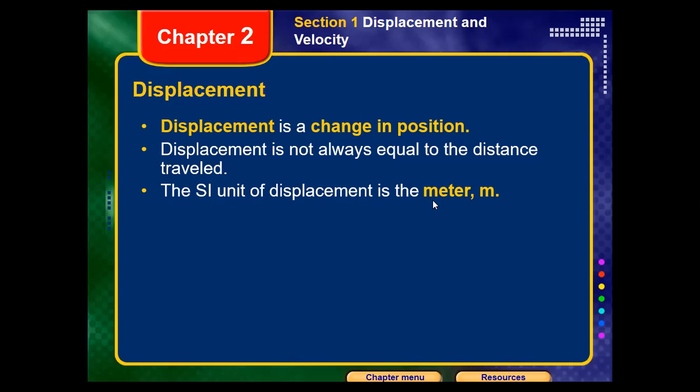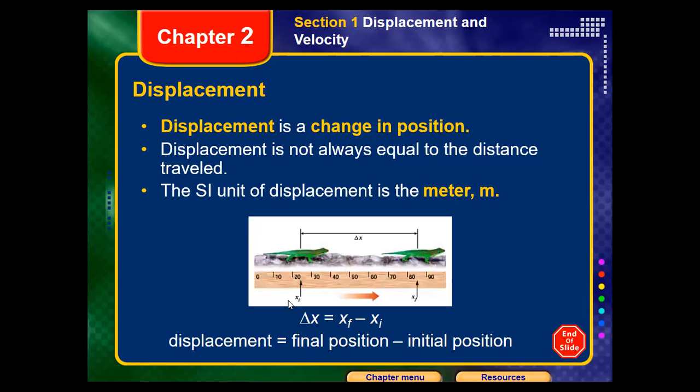The SI unit of displacement is meter, and its symbol is a small m. The change of position of this animal from this point, x initial, to x final, if you subtract these two, the difference between x final and x initial gives you the change of position that this object covers. So we always subtract final position minus initial position to get the displacement.